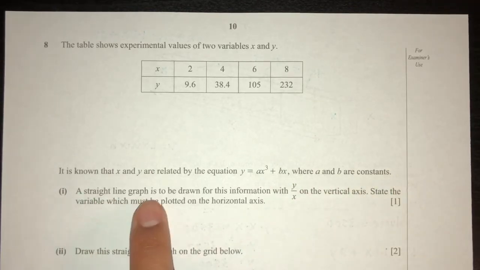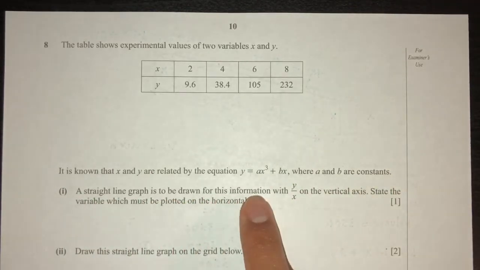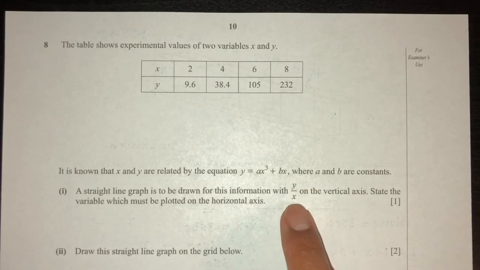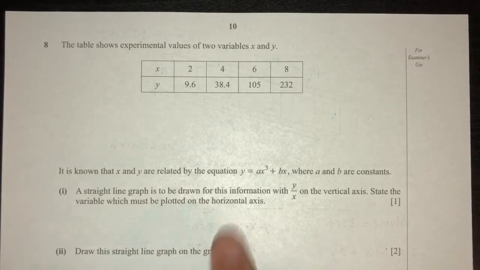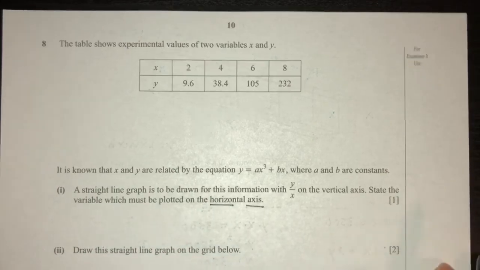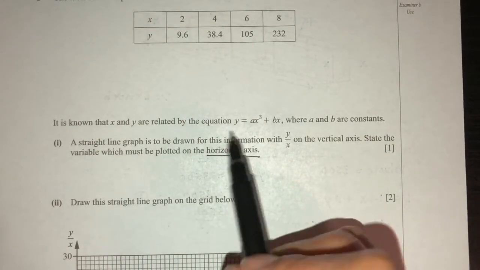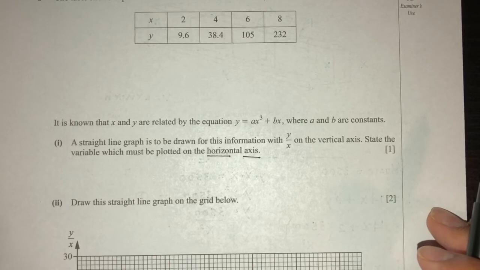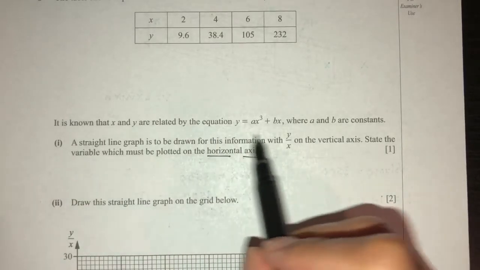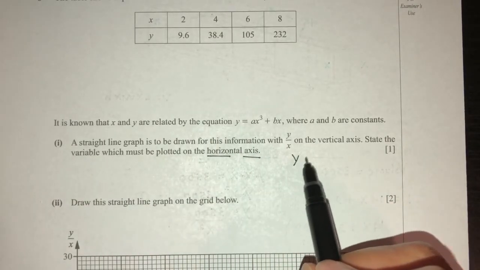A straight line graph is to be drawn for this information with y over x on your vertical axis. State the variable which must be plotted on the horizontal axis. So by observation, how can you make y become y over x? So you have to divide by x, right? So if you divide everywhere by x, you will have what? Let's try again. You have this at first.